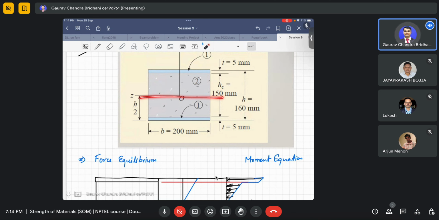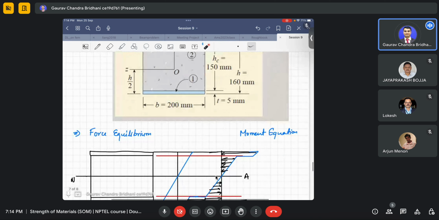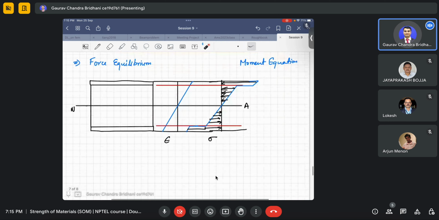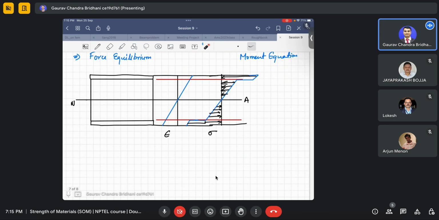You can see there is a symmetry along the y axis and the z axis. So although I already know, and you also already know, that the neutral axis will be at the mid surface only, I will still give you a formulation for how you come up with that, and which formula you use.